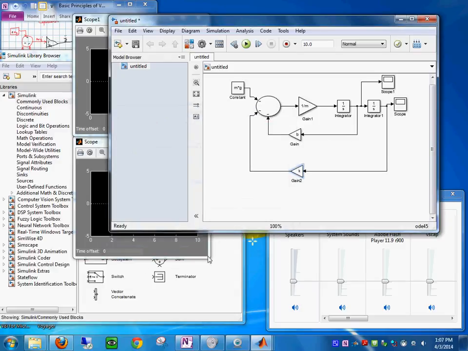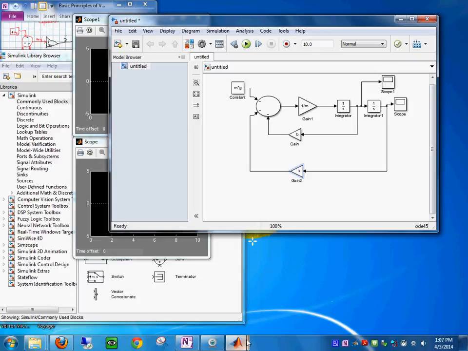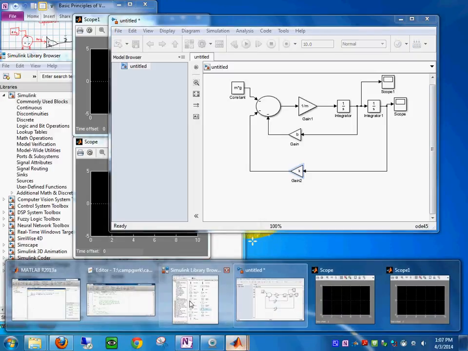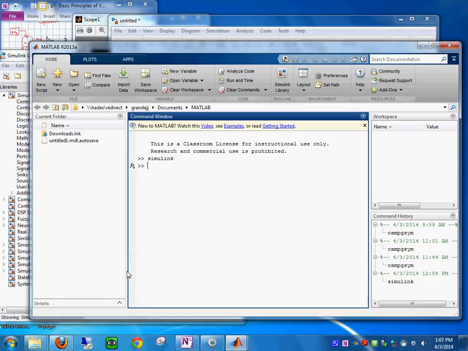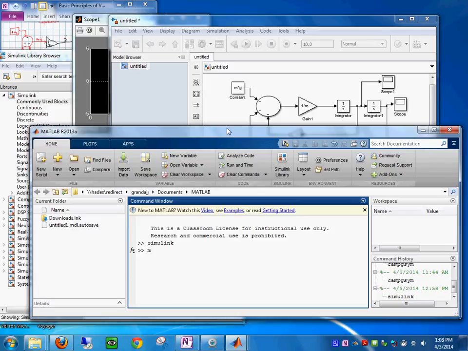Okay. So in the MATLAB window, we could specify those values. Yeah, right here. You have that. We're gonna put some numbers just so we can get some plots. M is equal to 2.